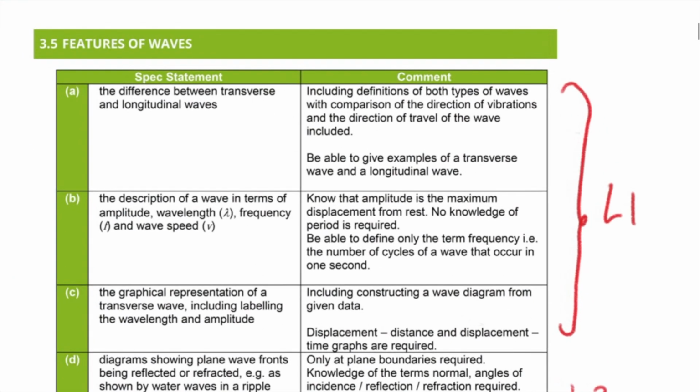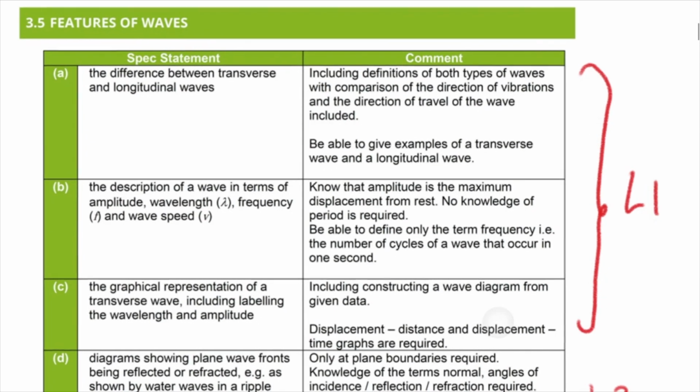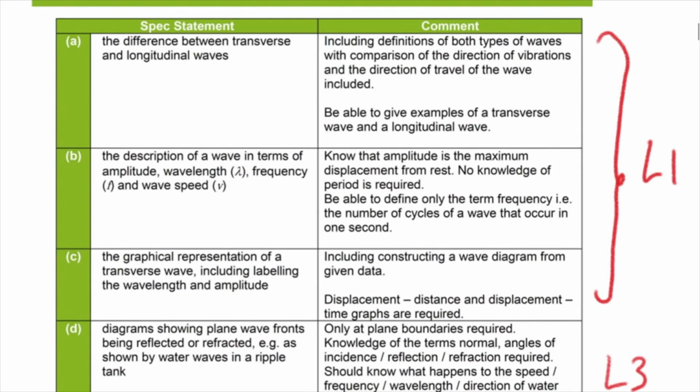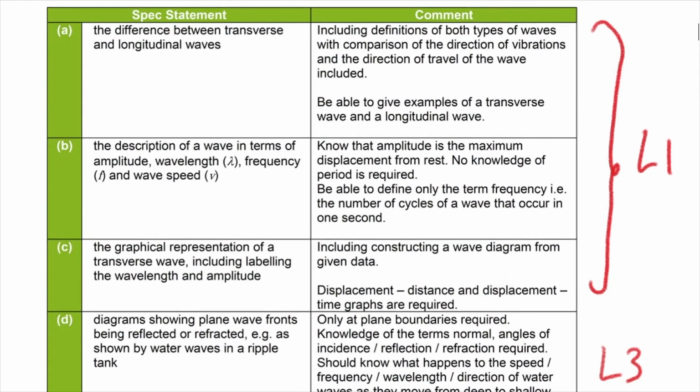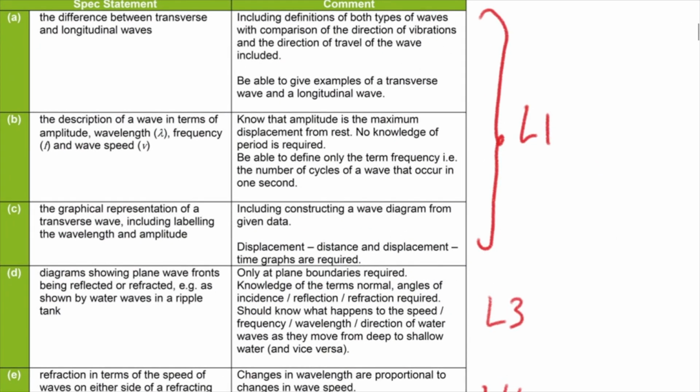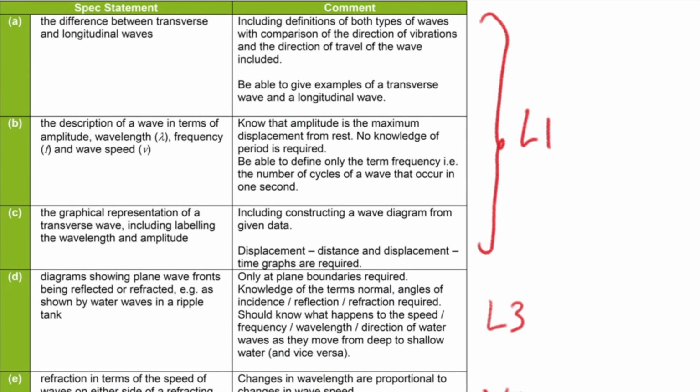The spec, remember, is everything that you need to know or learn. And lesson 1 then, it is these A, B and C parts. And I'll just underline them. The difference between transverse and longitudinal waves.